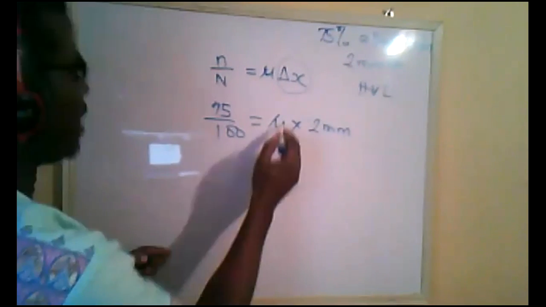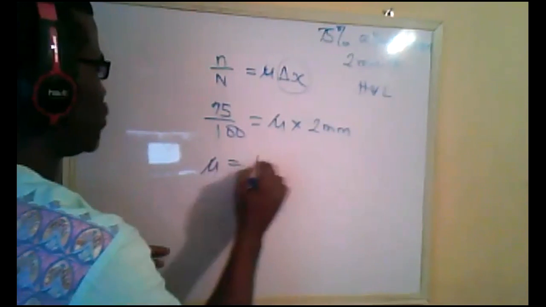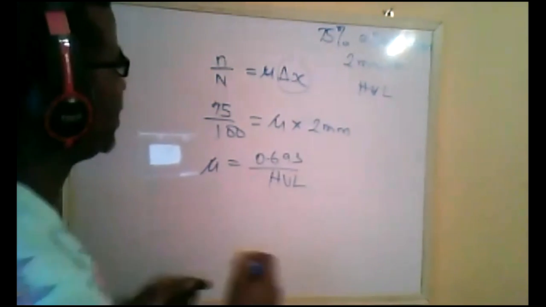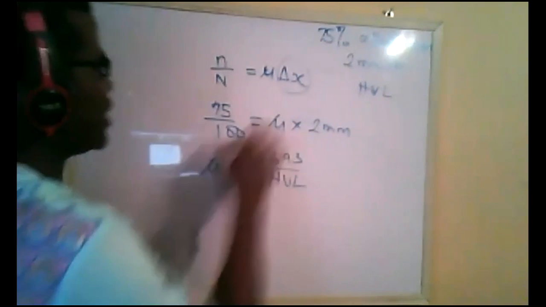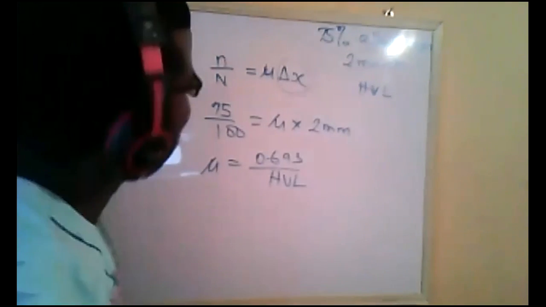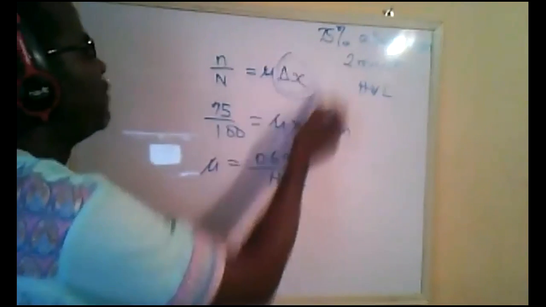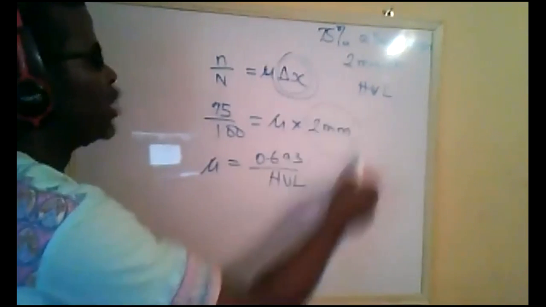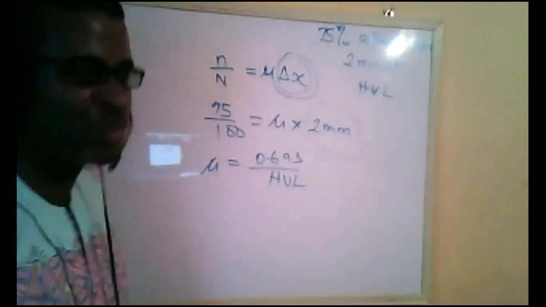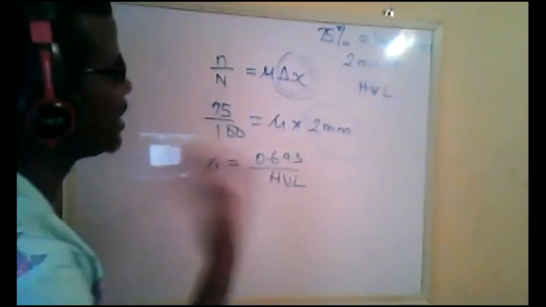At the end of the day, we know this is equal to 0.693 over HVL. But this formula is only applicable if the thickness is very, very small, and we don't know how small 2 millimeters is.